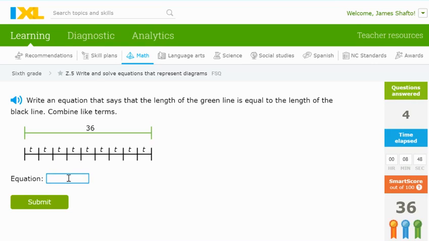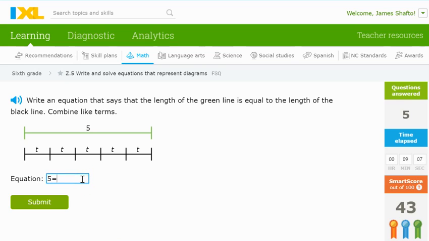Here, it's a little bit different. I have 36 equals, and I have to count the t's. 1, 2, 3, 4, 5, 6, 7, 8, 9 t's. Same thing here.